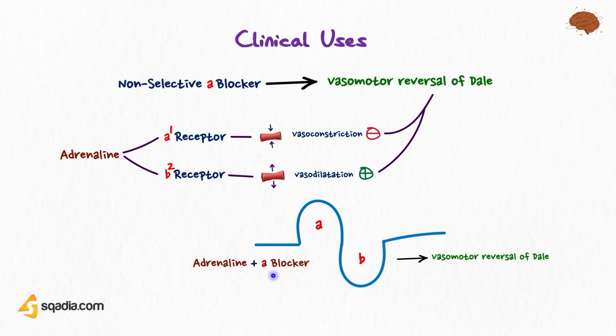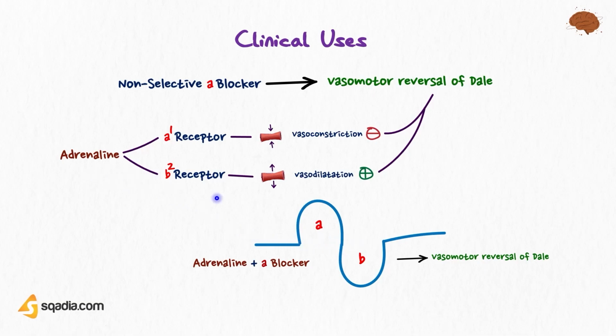When you give the alpha blocker first, it blocks the alpha receptor, and then you give the adrenaline. It promotes vasodilatation, but the alpha receptor is blocked. So this dilatation is known as the vasomotor reversal of Dale. Again, I'll repeat for your understanding. You have given a non-selective alpha blocker, which acts on both alpha-1 and alpha-2 receptors. The alpha-1 receptor action is vasoconstriction, which is the rise in blood pressure, denoted by this bulge here.